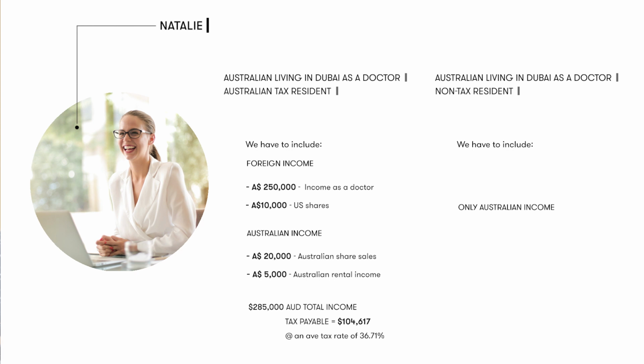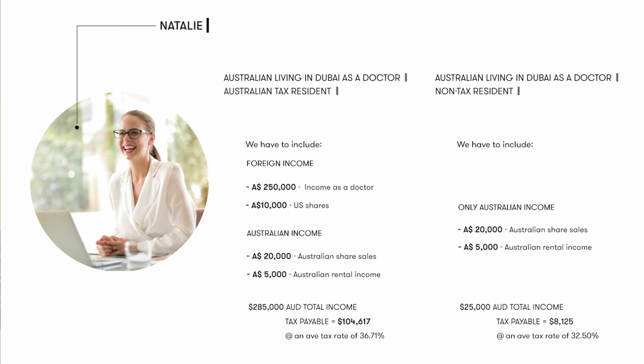And so in this case, it's only $25,000 of income she must declare, and the tax on $25,000 is just over $8,000 at an average tax rate of 32.5%. And so as you can see, there's quite a significant difference between the classification of Natalie as a resident to being a non-resident, almost a $90,000 difference in tax payable.